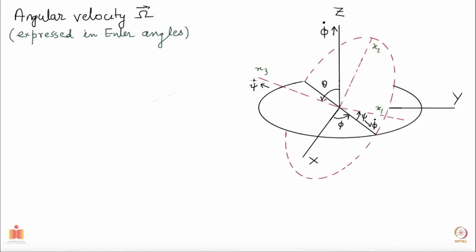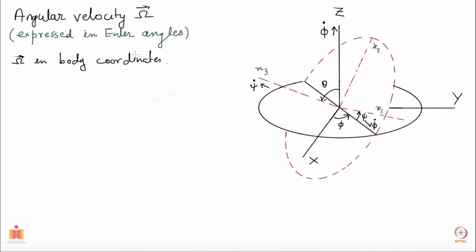Now if I want to express angular velocity omega in the body coordinates, meaning I want to decompose omega along x1, x2 and x3. You could also decompose omega along capital X, capital Y and capital Z, which would be a decomposition in the space coordinates. So let's start first with the body coordinates.